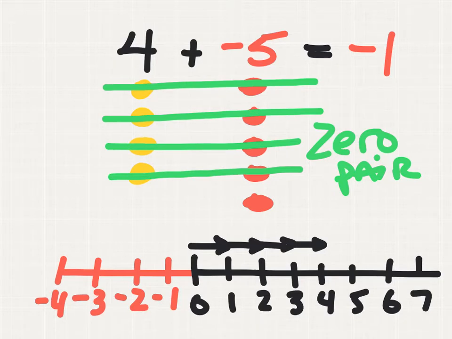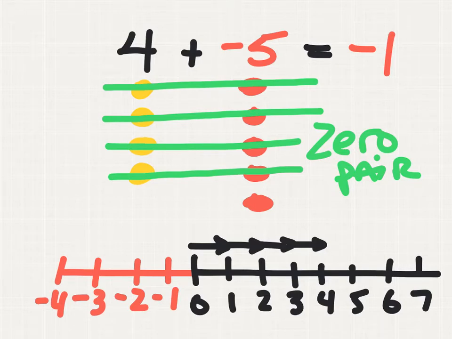Now normally we would say, well, adding, that's to go to the right. Except I'm not adding a positive, right? All of the positive integers are to the right. I'm adding a negative. So it says, give me 4 and give me negative 5.